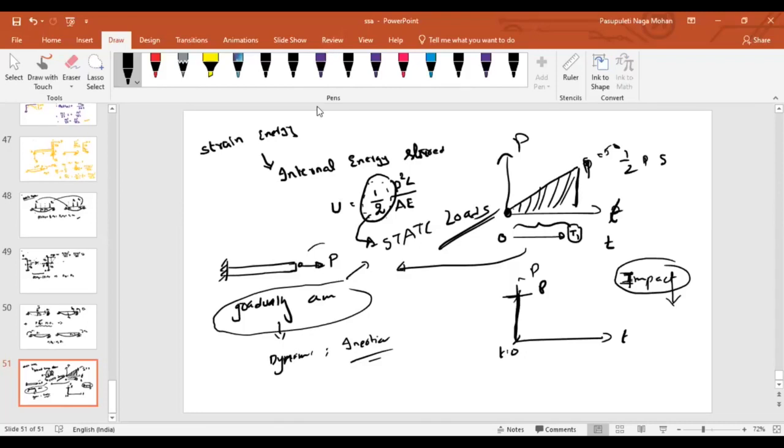And then, what does Castigliano's first theorem say? If you differentiate with respect to the force, you will get the deflection. If you partially differentiate with respect to P2, the 2 gets cancelled, so what we get is capital P, PL by EA. This is nothing but Castigliano's first theorem.